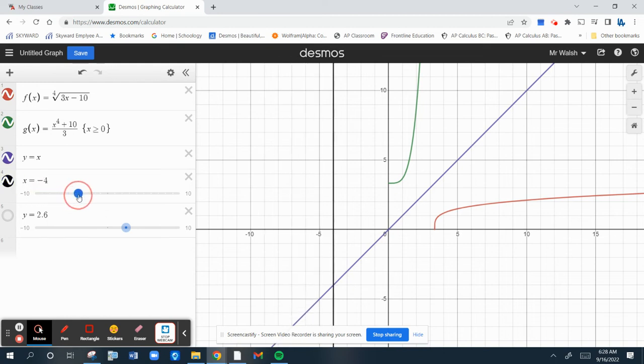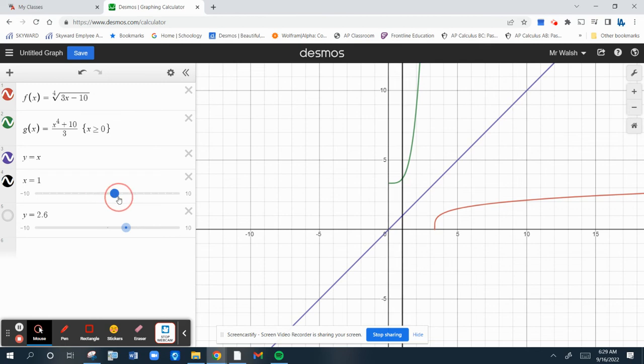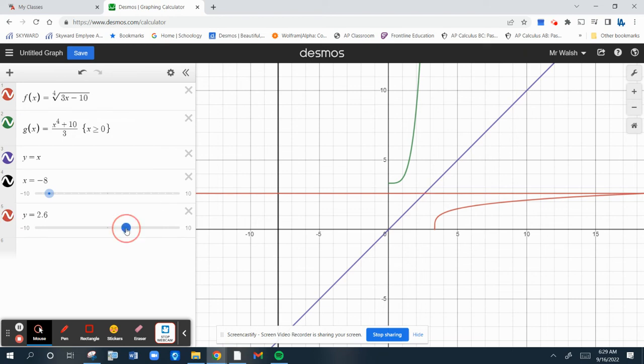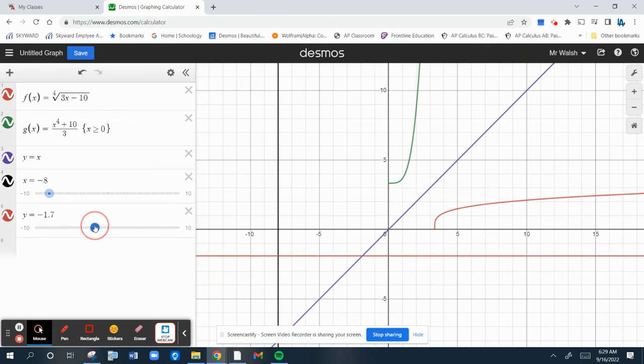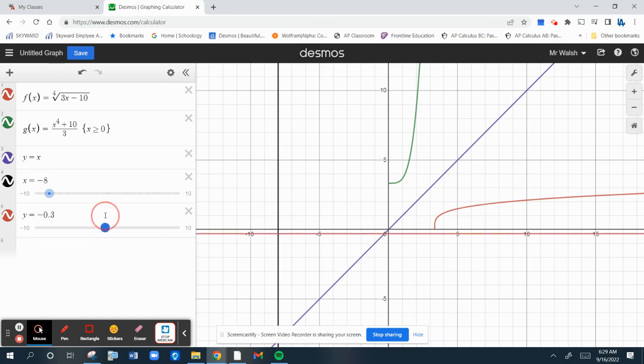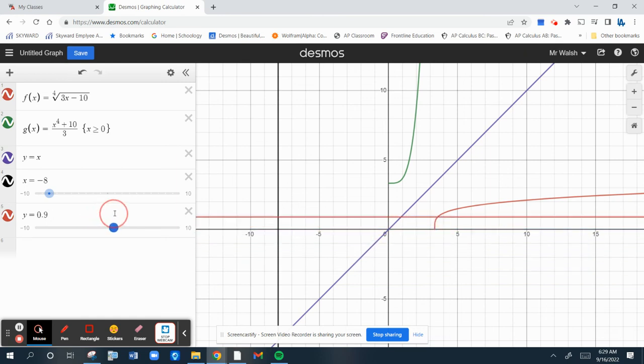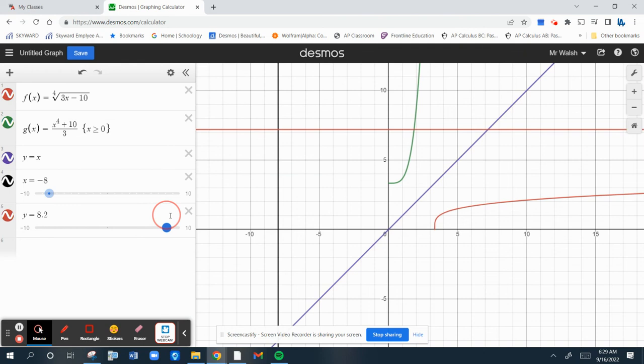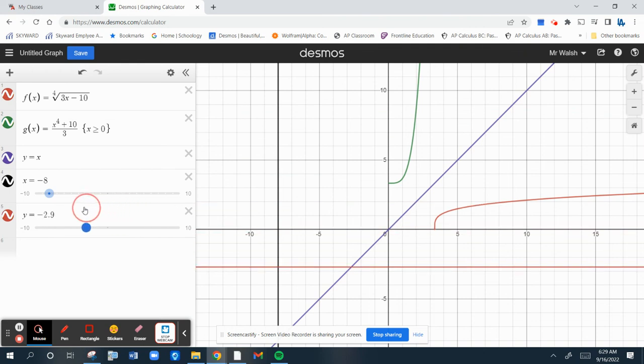So the domain starts at 0 and goes on forever. So the domain is 0 to infinity. That should match the range of its inverse function. So its inverse function is the red. The range is y. So here's my y line. As soon as it hits it, it's y equals 0. So the range is 0 to infinity. So it matched the domain of its inverse function.